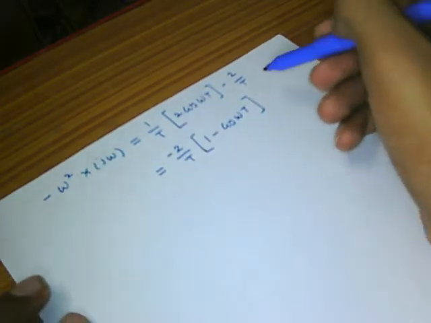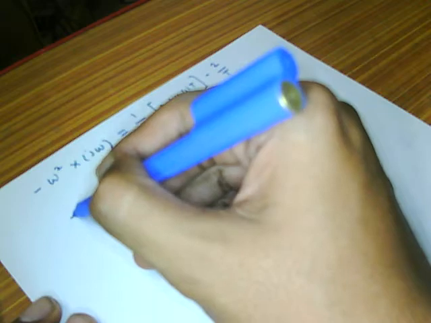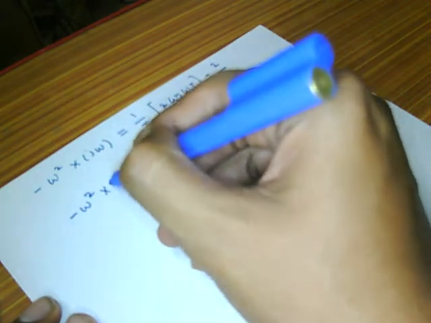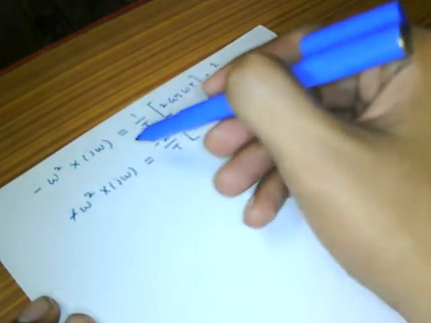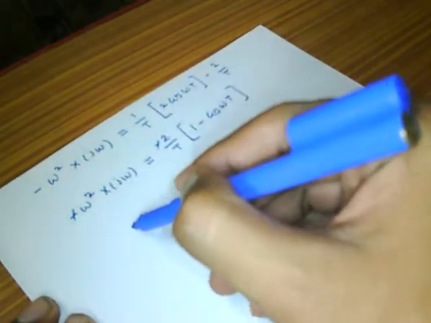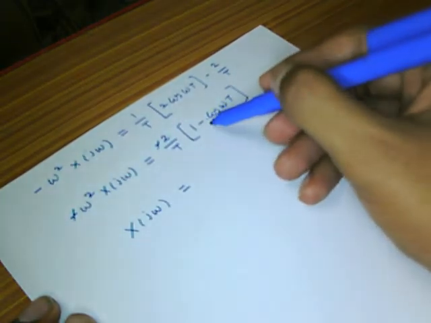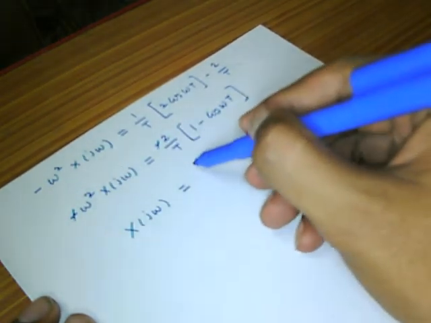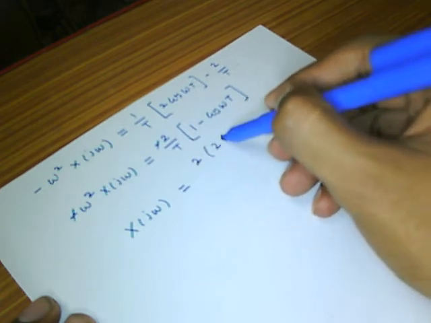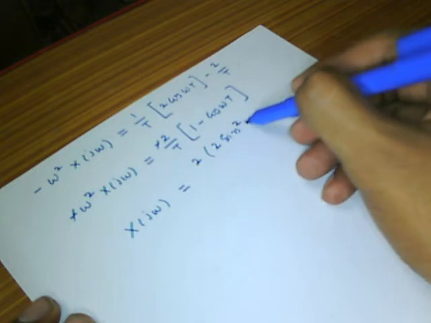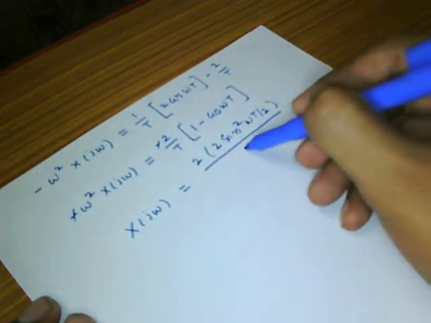So the right hand side will be the same as minus omega square into X of j omega. This minus will get cancelled out, so I get X of j omega equal to 1 minus cos omega T, which is 2 sine square omega T by 2, by omega square.